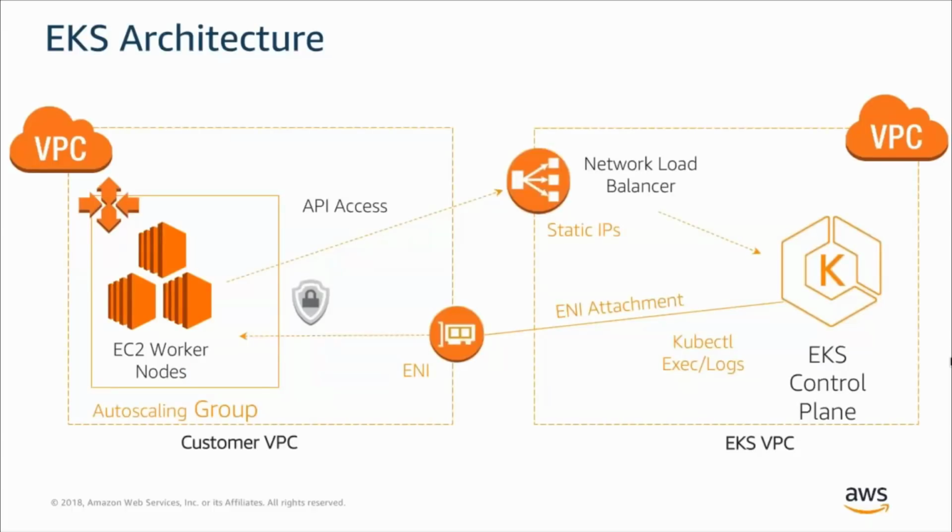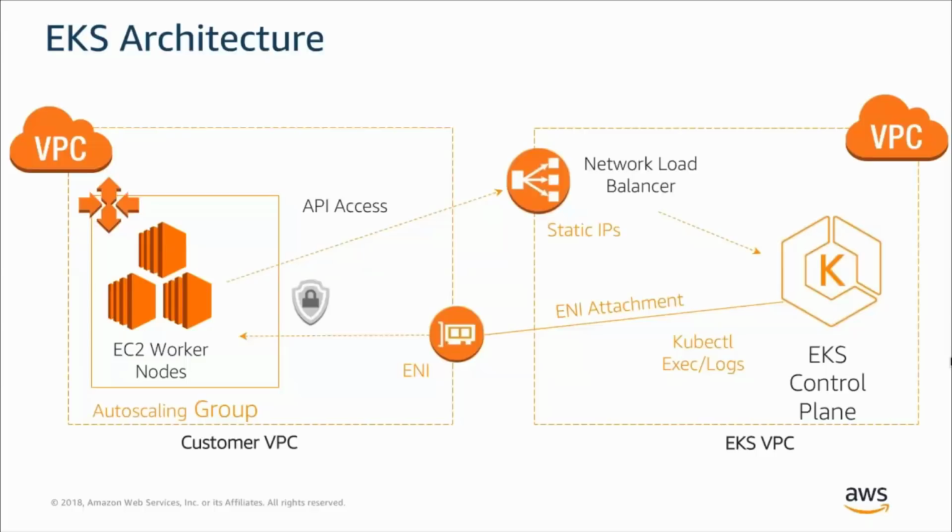So you can see here, you get your EKS control plane that is running on an EKS VPC, and a set of worker nodes that are running in your VPC. And in order to become Kubernetes conformant, we had to do a couple of implementations in terms of networking, and also to give you capabilities like kubectl logs or exec or proxy.